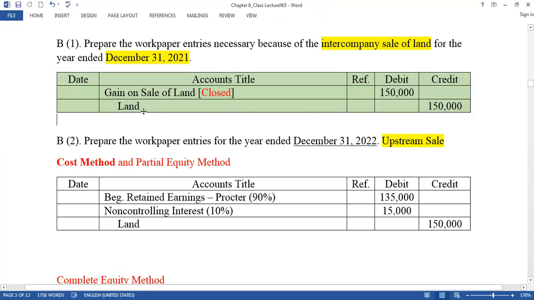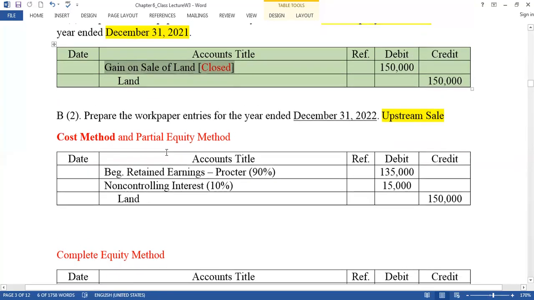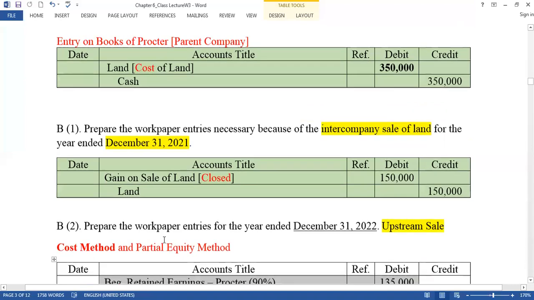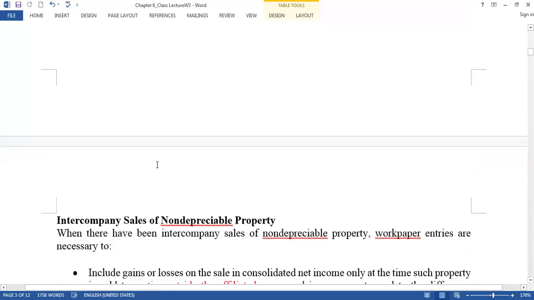What is our main purpose? To record the land in its original shape and to close the gain. In the case of gain, we know that we transfer the gain to retained earnings, so we close retained earnings and finish.